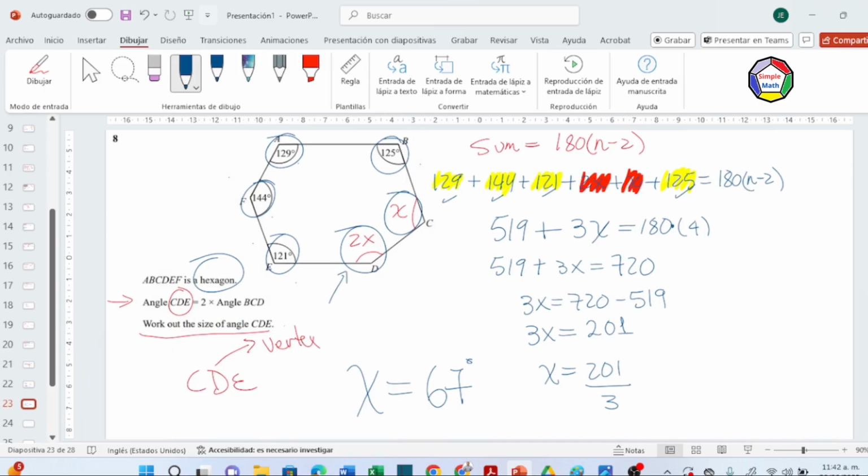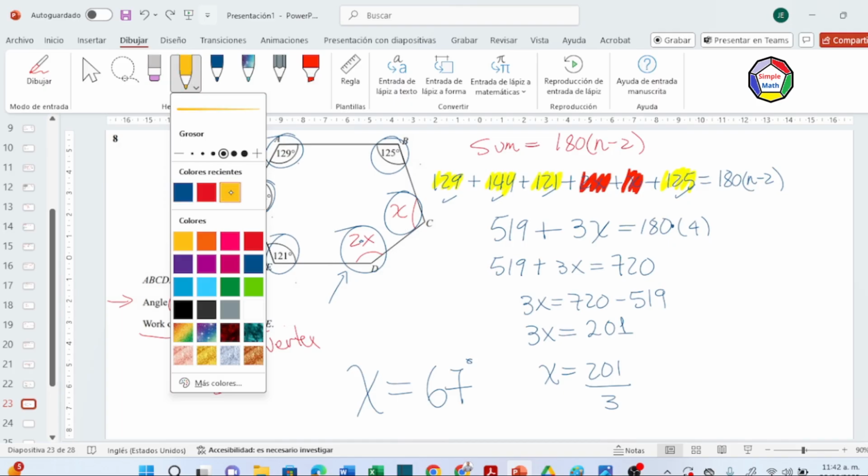If x is 67, the angle is 2 times x. So the measurement of the angle CDE, I'm going to change the color again to write the final answer. Let's use this yellow.